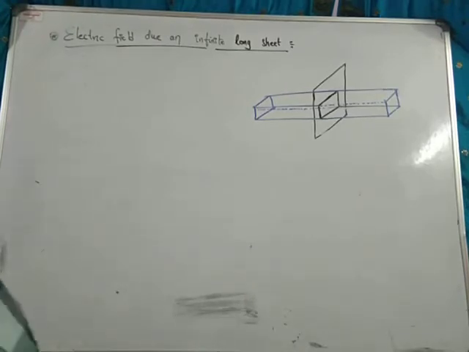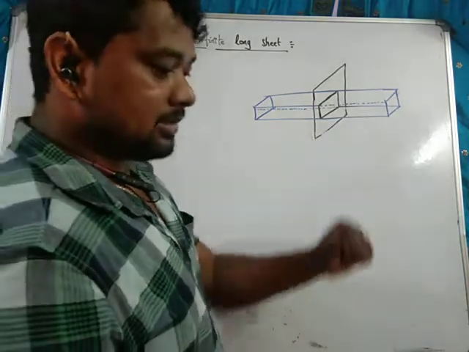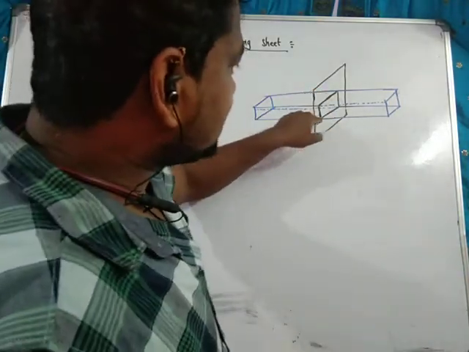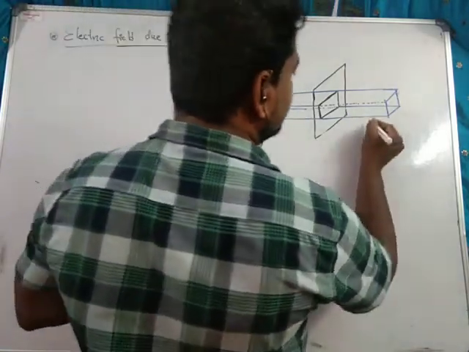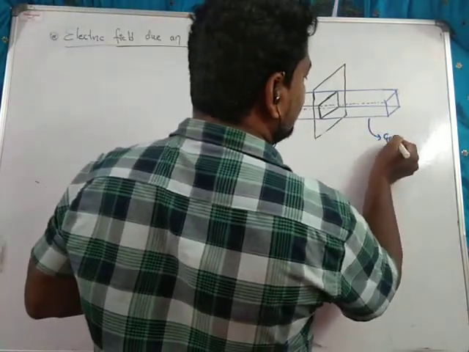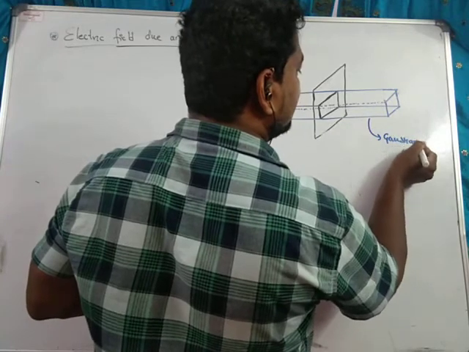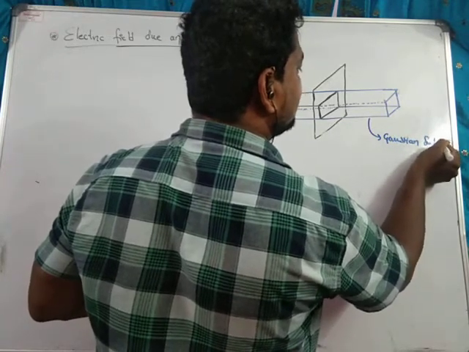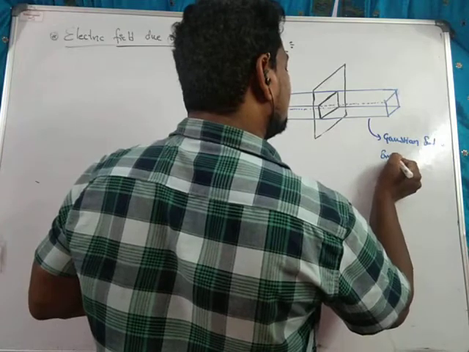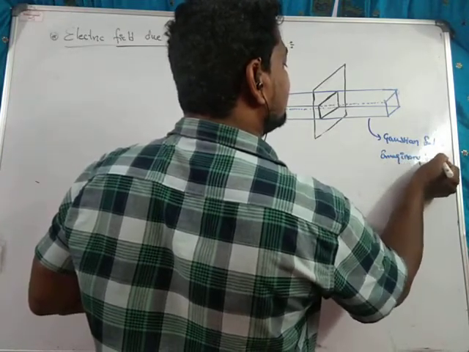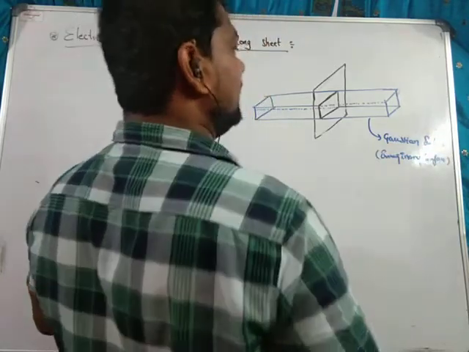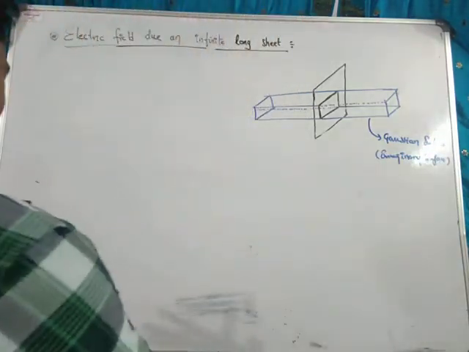Second one, electric field due to an infinite long sheet. So we consider a paper. In that we place a Gaussian surface, which is nothing but an imaginary surface, just like a cube.